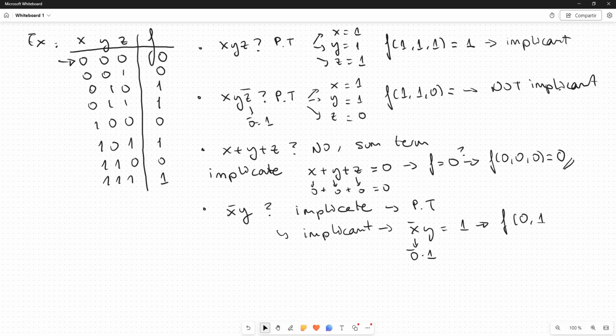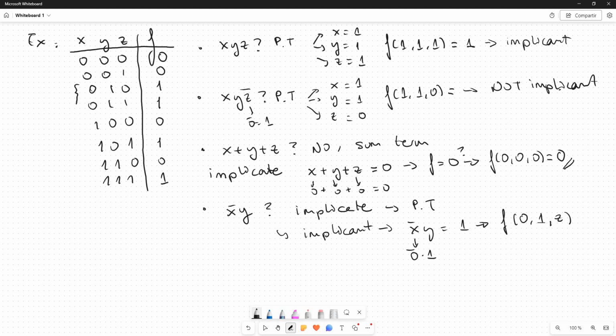But we have a special case here because we don't have a value for the variable set. So the variable set can be any value. So we are going to look for the combinations in which x is 0 and y is 1.